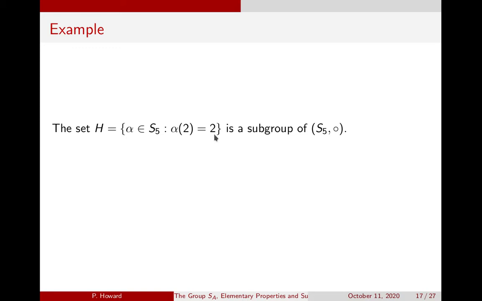If you thought of alpha as being in matrix form, this would be the set of all 2 by 5 matrices with 1, 2, 3, 4, and 5 in the top row, and with the number 2 being in the second row below 2.